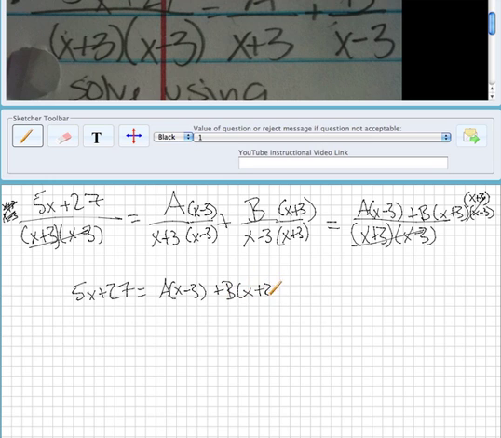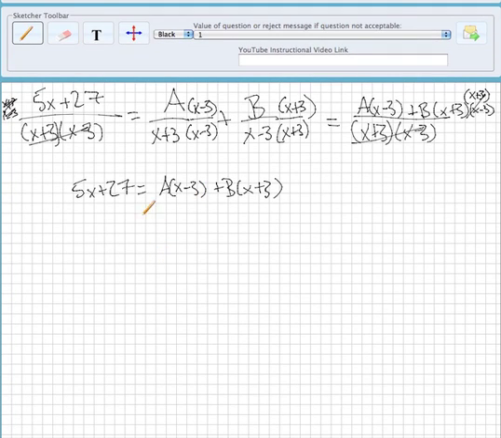times x plus 3. Now what we want to do is FOIL out each one, or distribute each one. So it's ax minus 3a plus bx plus 3b. All right, and now we want to combine the x terms.